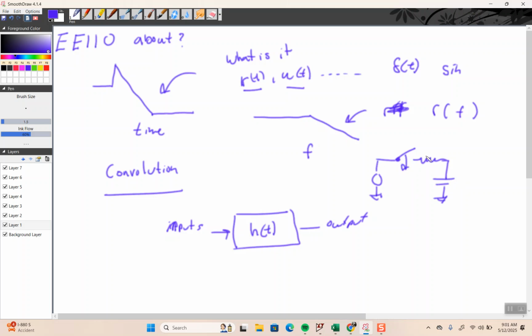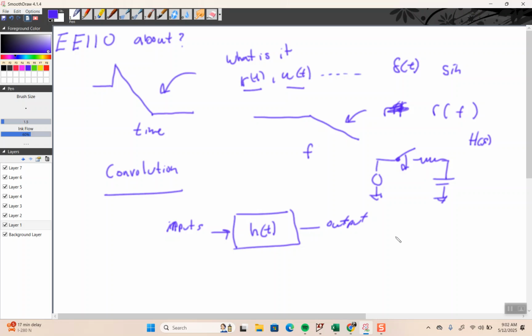The switch closes, and then we use our circuit analysis techniques to figure out what's going to happen. Where in 110, we more derived a transfer function, right? And then use mathematical processes to get our outputs for whatever input we are, right?